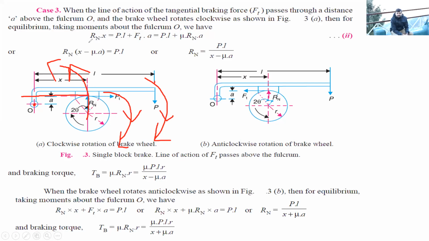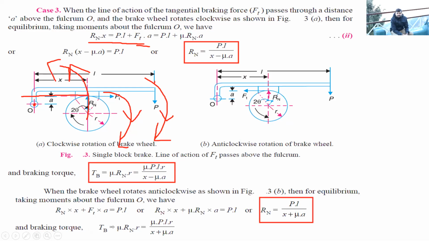Therefore, this equation will be developed that Rn is equal to PL plus Ft into A. Or the value of Rn will come out to be Rn is equal to P into L upon x minus mu into A. And hence the braking torque will be Tb is equal to mu into PL into R upon x minus mu into A. Now again, if we consider the anti-clockwise rotation of the wheel, then the only difference is that in the denominator, it will be x plus mu into A. So this is the difference which will be coming across.